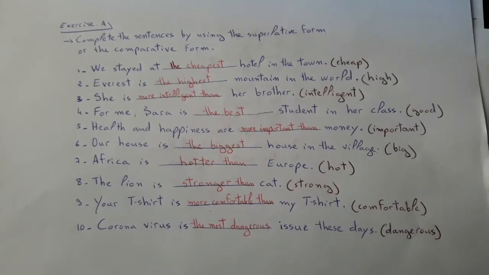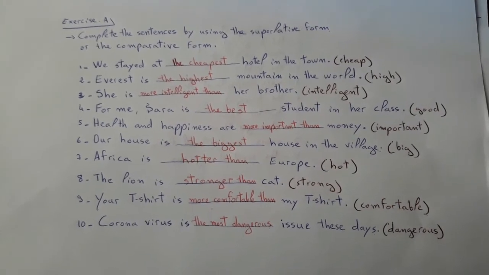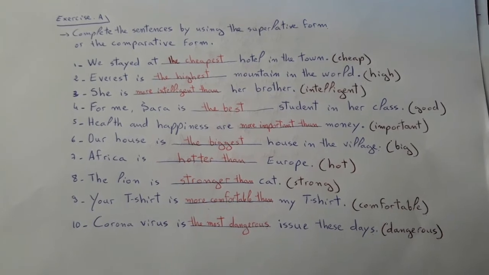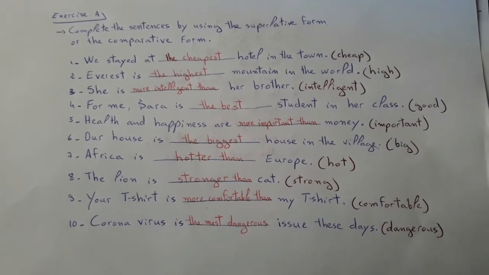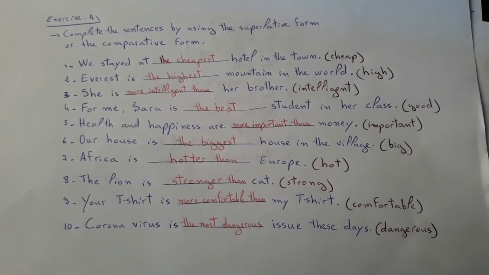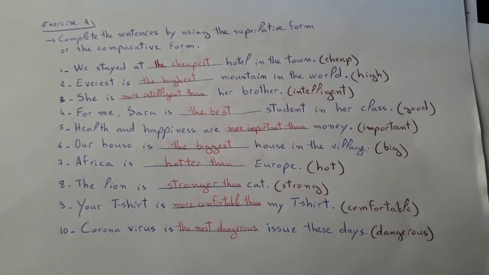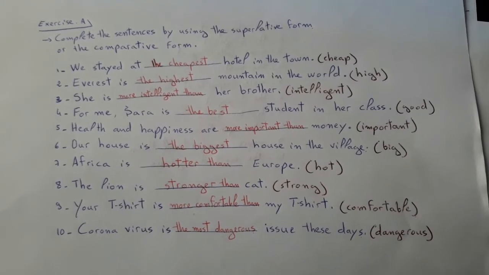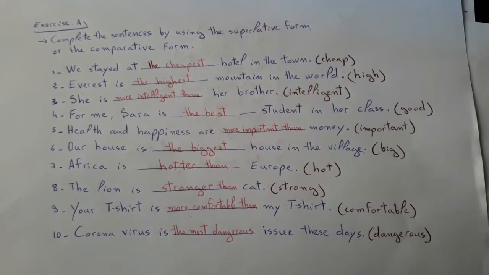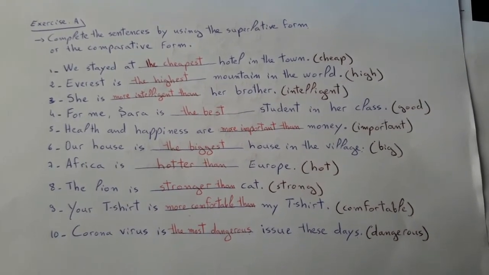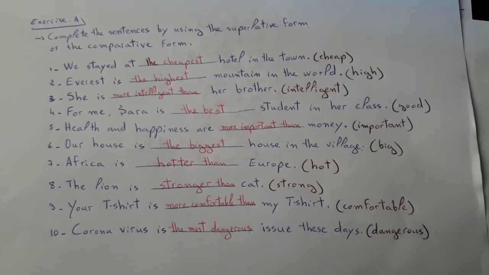Right, so to justify the answers to this exercise, we stayed at the cheapest hotel in the town simply because we don't have only one hotel in the town, we have different hotels, and we stayed at the cheapest one. Okay, Everest is the highest mountain in the world, so the same thing.